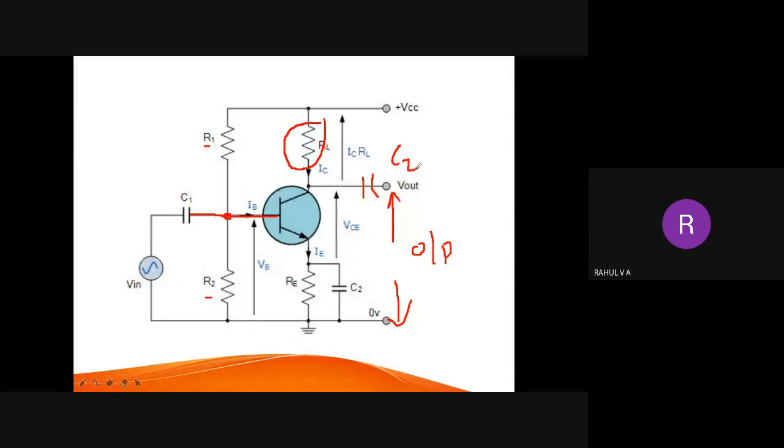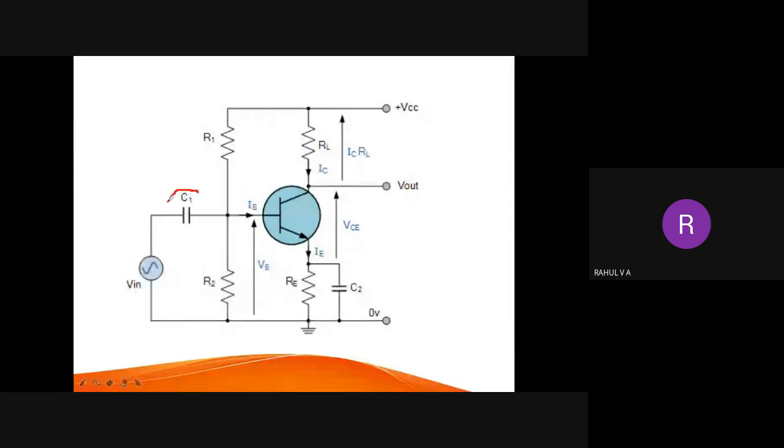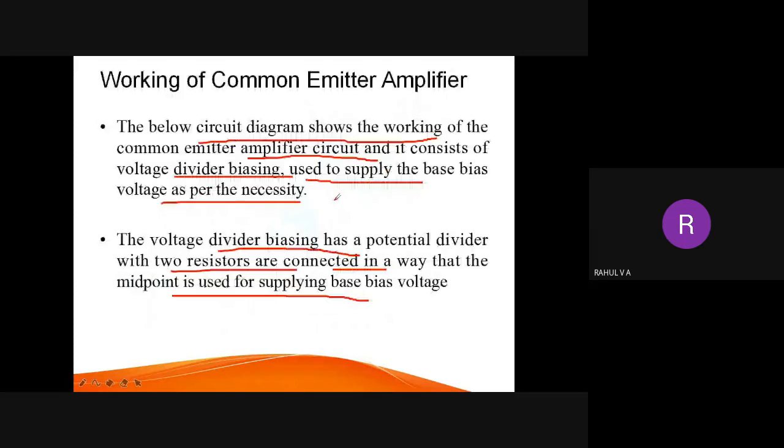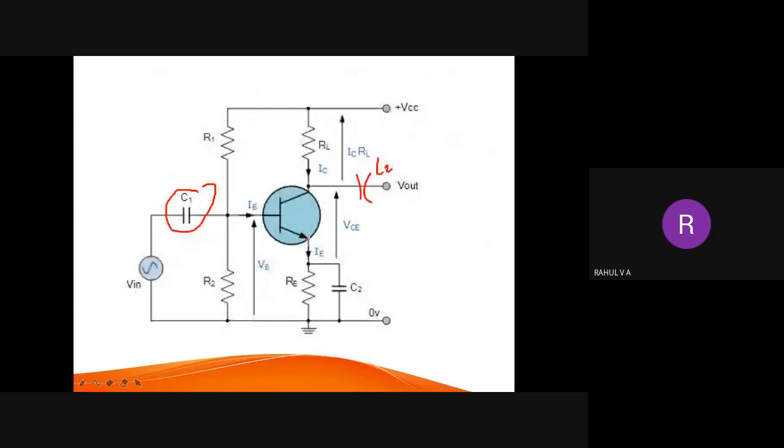Okay, now listen carefully. I am taking two capacitors, C1 and C2. Its name is coupling capacitor.